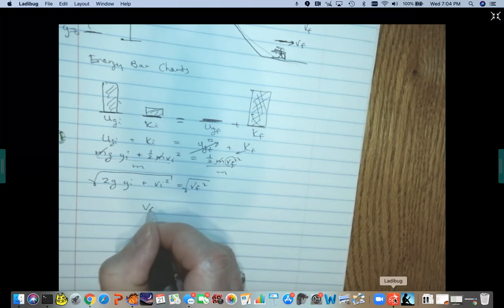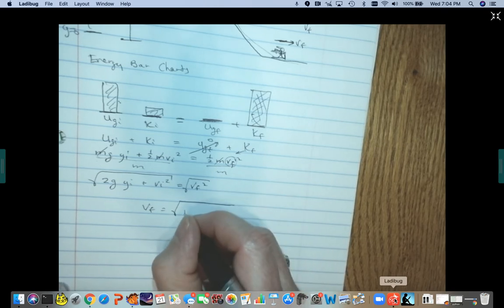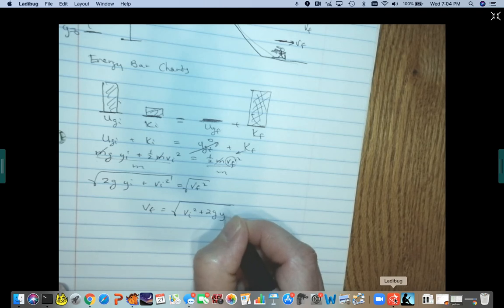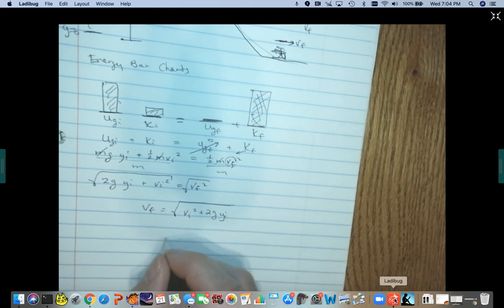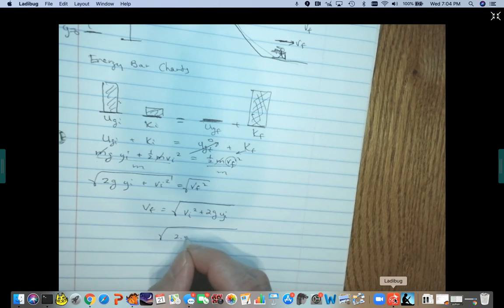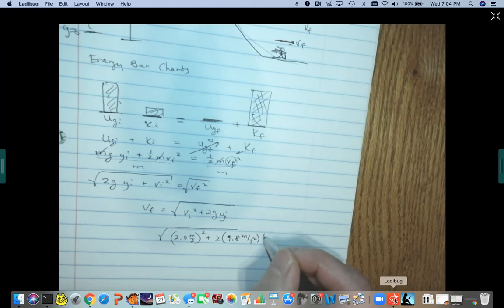And we get v final is the square root of v initial squared plus 2gy initial. Now we can plug in. v initial is 2 meters per second squared, plus 2, and then g is 9.8 meters per second squared. y initial is 5 meters.